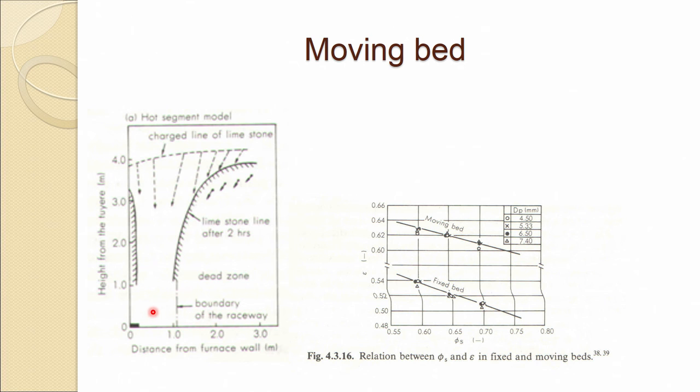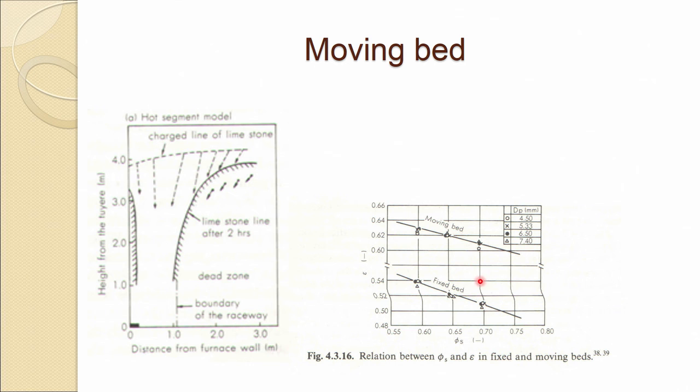So, essentially this part is a moving part, and movement of the charge is taking place mostly of the coke in this region, because the other material is in the molten stage.